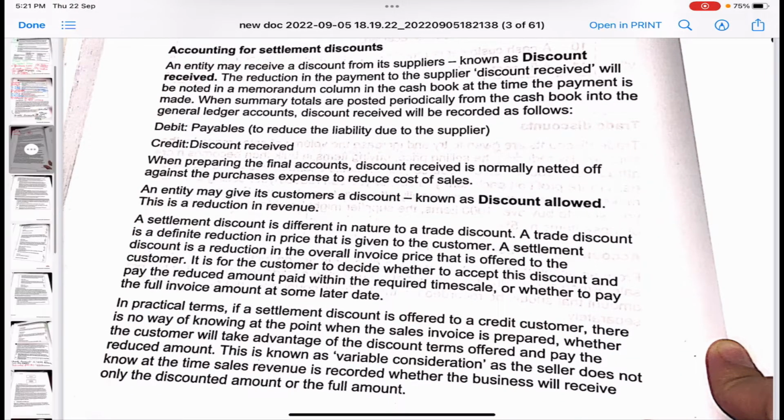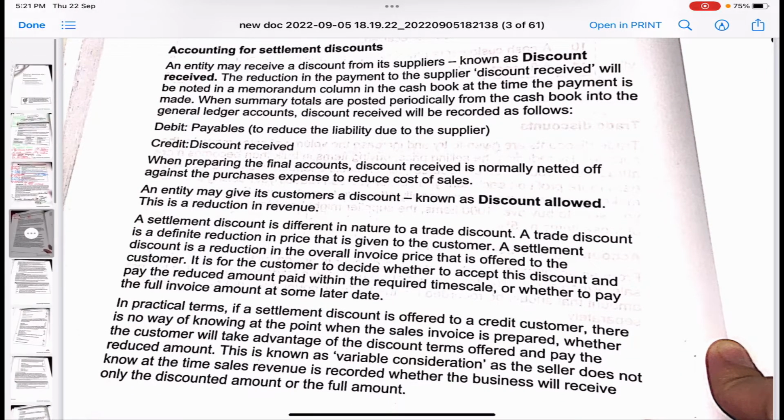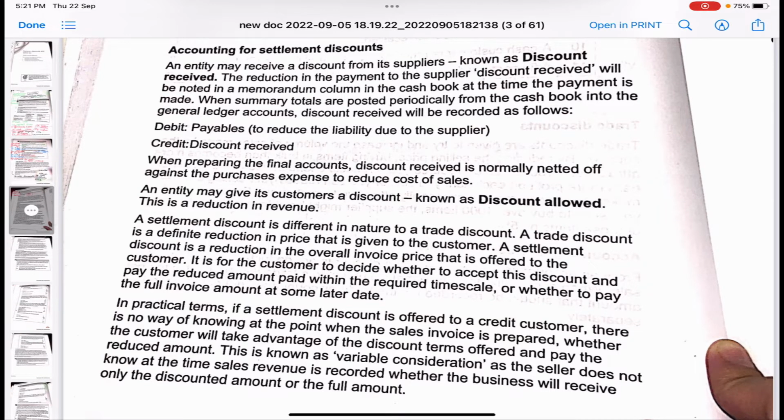Okay, now let's see how we are going to do the accounting for the settlement discounts. An entity may receive a discount from its suppliers known as discount received. So if I am taking a discount from your company, I will be receiving the discount, so that is nothing but the discount received for me.